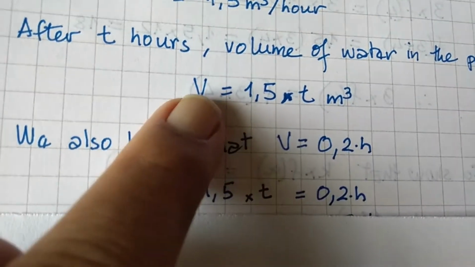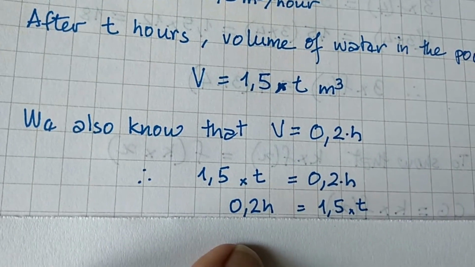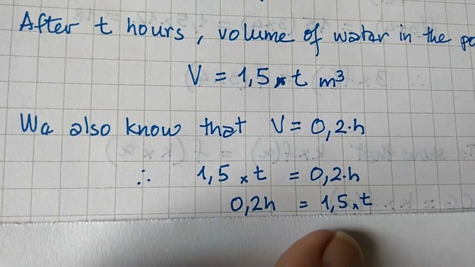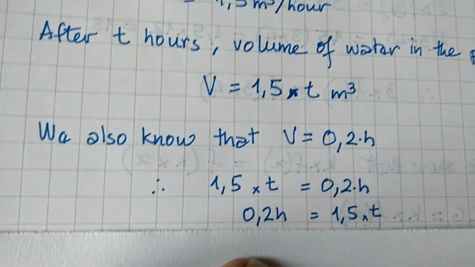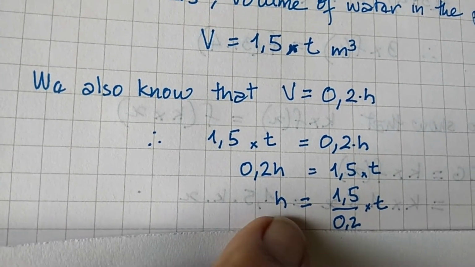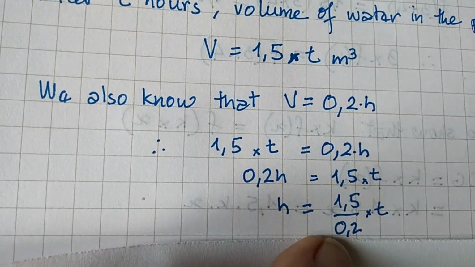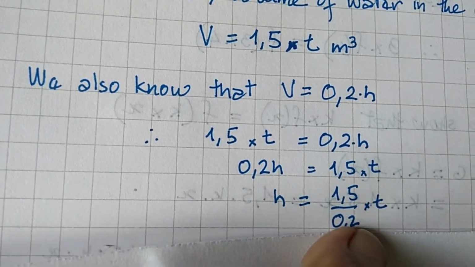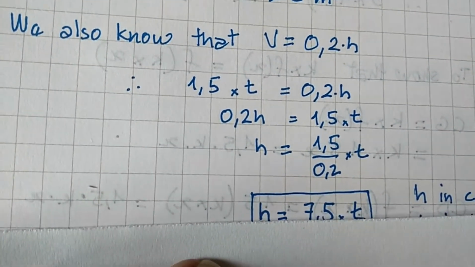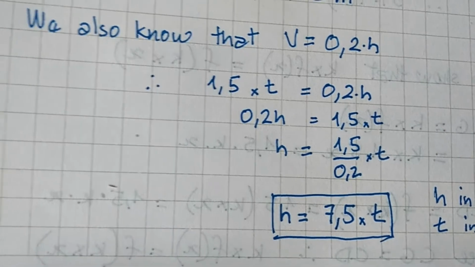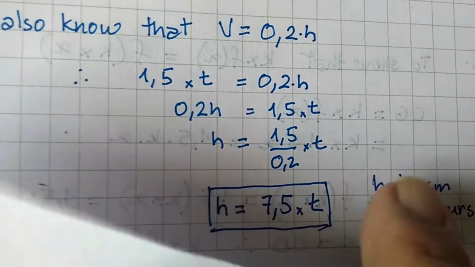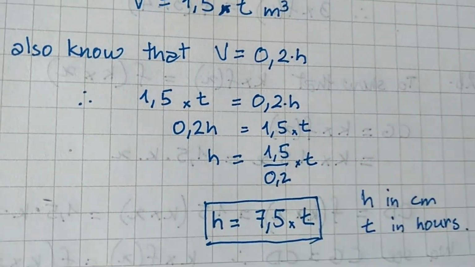This is V and this is also V. So now I just flip it around, I write here 0.2 h equals 1.5 T, and then I divide both sides by 0.2, so I get h is equal to 1.5 divided by 0.2 into T. 1.5 divided by 0.2 is actually 7.5. So the answer is h is equal to 7.5 into T. This is the final answer. h is in centimeters, T is in hours.